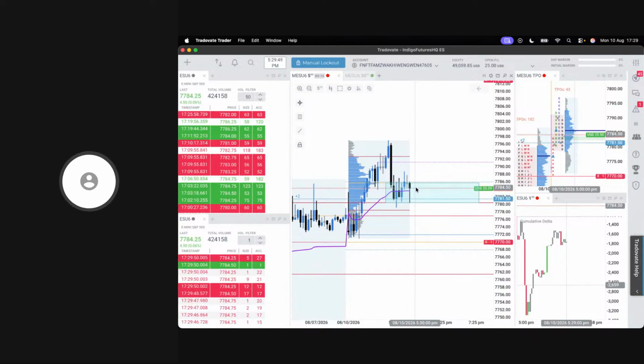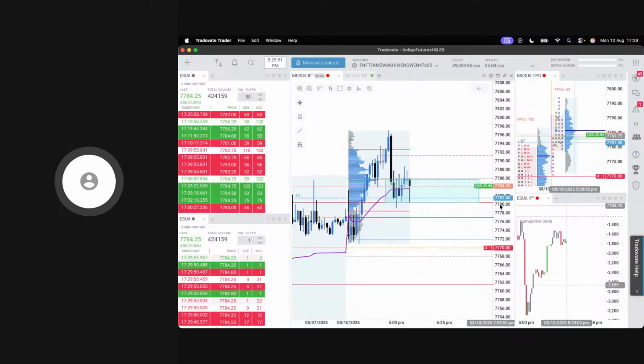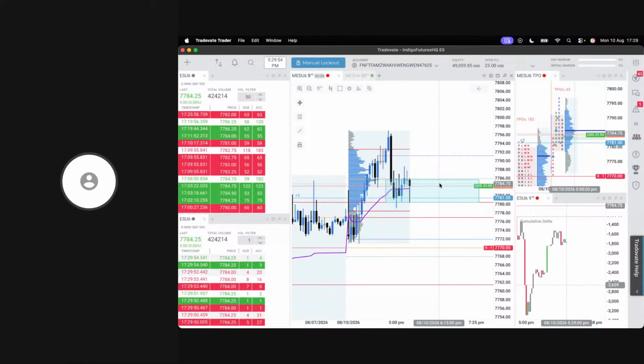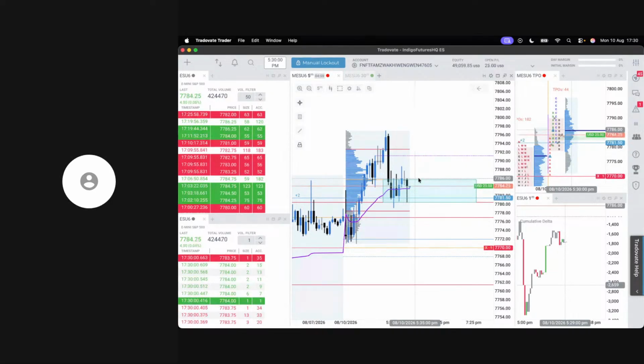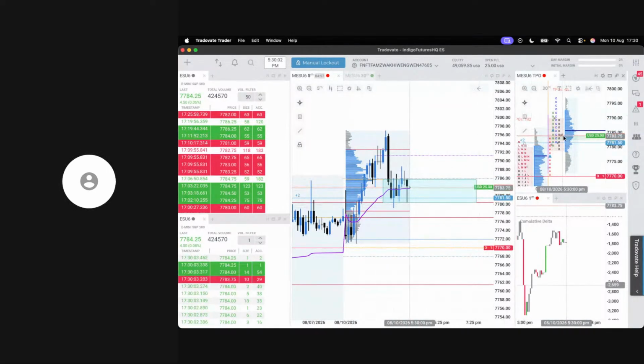But we definitely need E prints outside of overnight value. Okay, here we go.